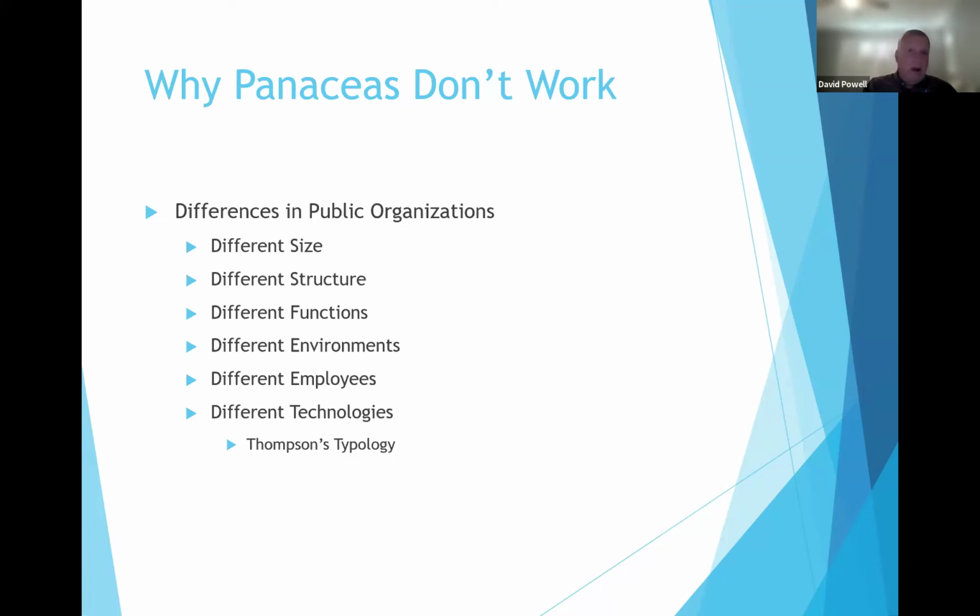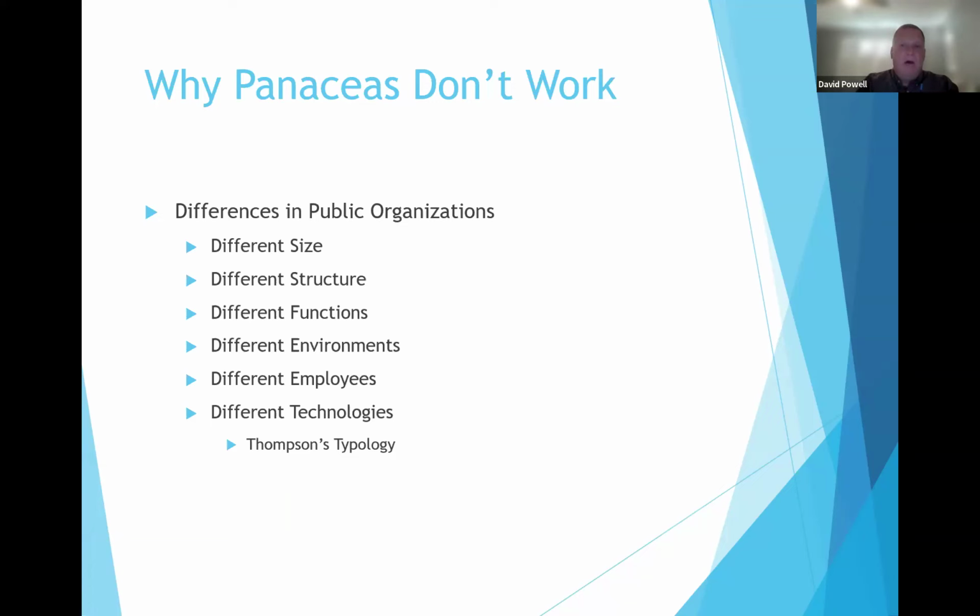As the car is going down the assembly line, one person has the job of putting on the headlights, another person has the job of putting on the fender, another person has the job of putting on the bumper, but everyone's job is dependent upon the person before them on the assembly line doing their job. That's what is referred to as a log-linked type of technology. And that, again, is typically what we see in the private sector in very much a factory type of setting.